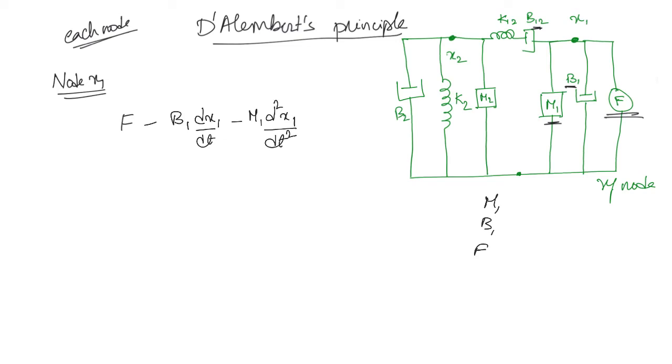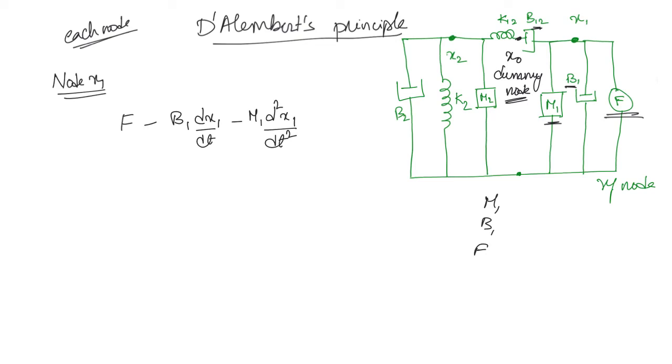In order to write the mathematical equation, we will take another node here, which is x0. Since it is taken only for this purpose, this is not the actual displacement that we need. We do not consider x0 in general, but for writing mathematical equations we take x0, and for this reason it is called the dummy node.